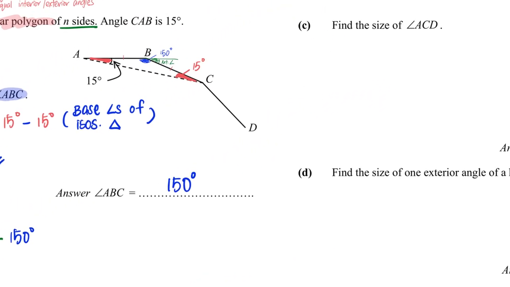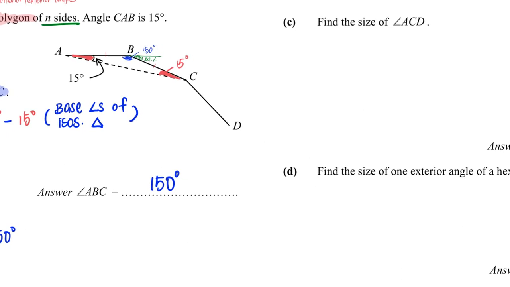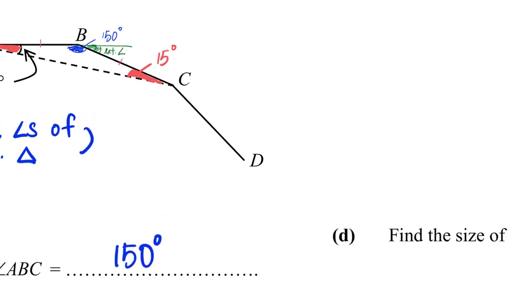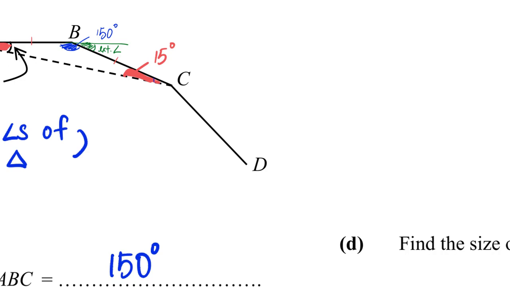Next, find the size of angle ACD. Do take note all interior angles are the same for a regular polygon. So I know this is 150. I also know this is 15.